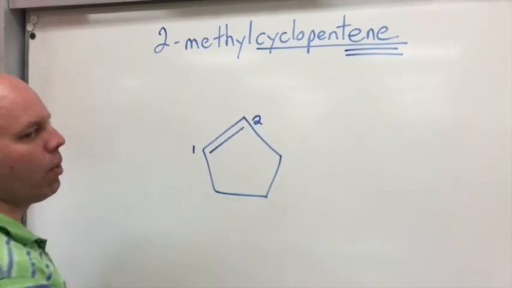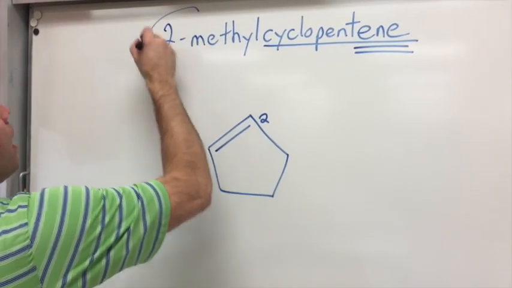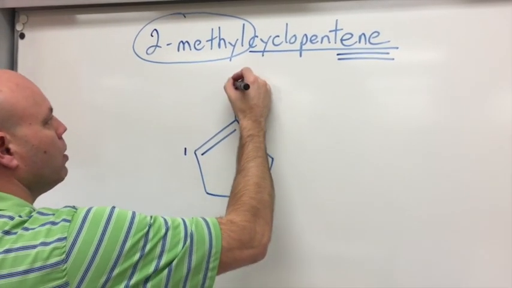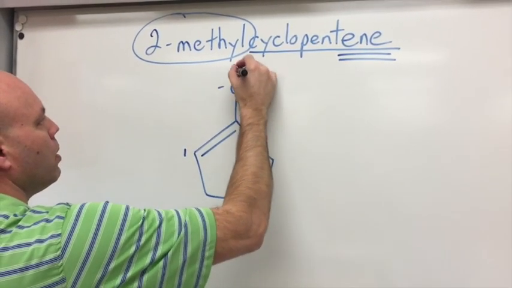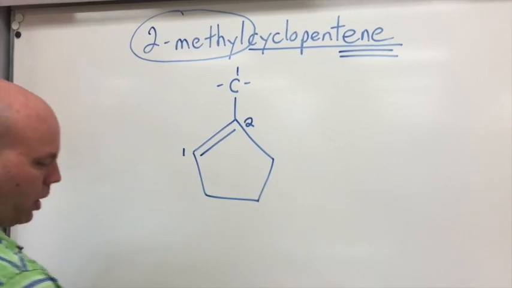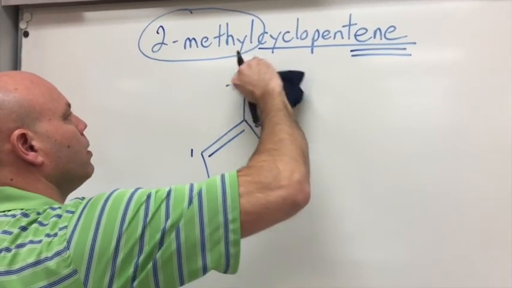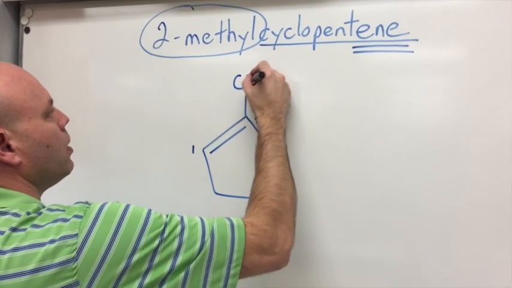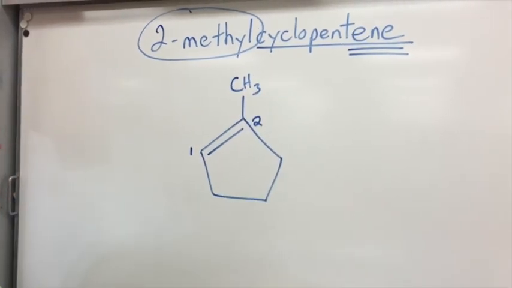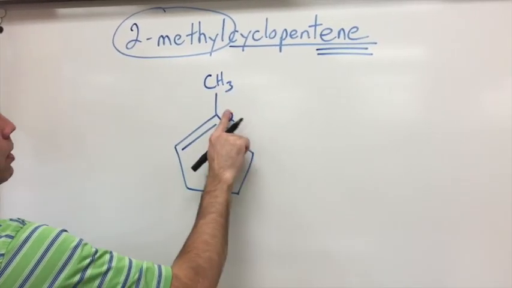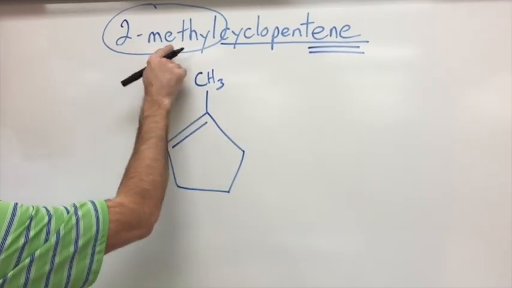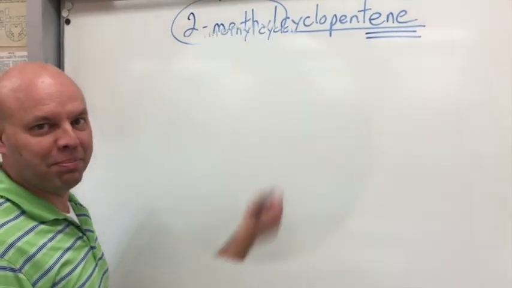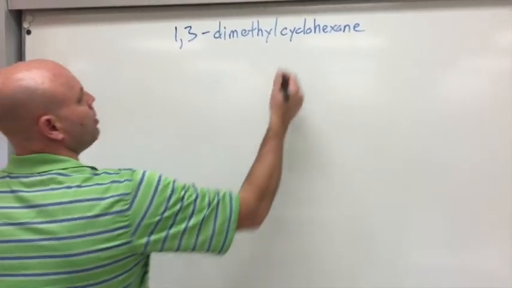I could have gone the other way. And I know that I have a methyl branch attached to carbon number 2. There we go. Or I could have written it this way. CH3. So there is 2-methylcyclopentene.